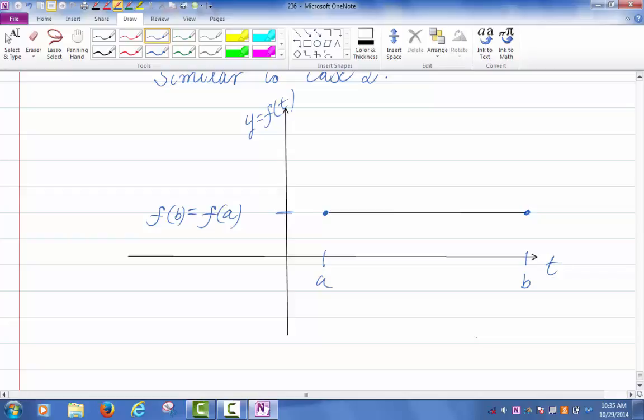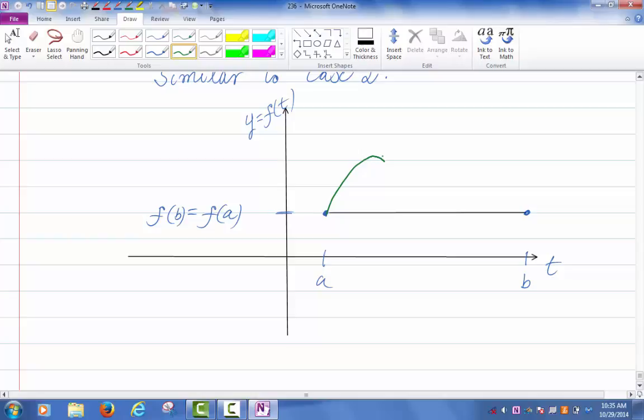Now, if the position function is not constant, maybe from time a the bug moves to the right, which means the position is increasing. So the graph will look like the following. The position increases, and then it cannot go to the right forever because it has to come back to the same point f of a, since our assumption is that at time b it comes back to the same point.